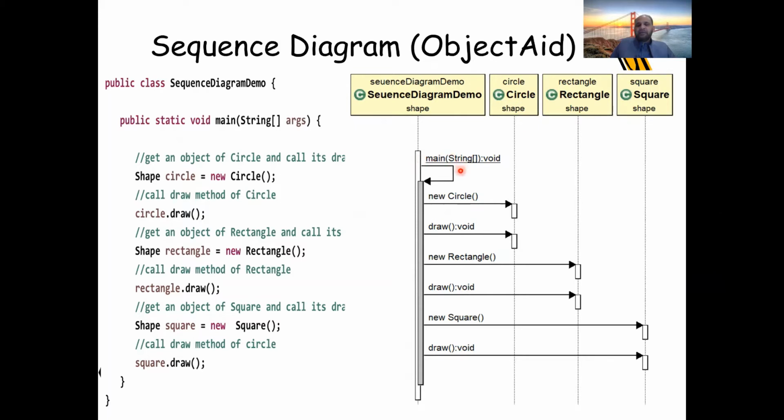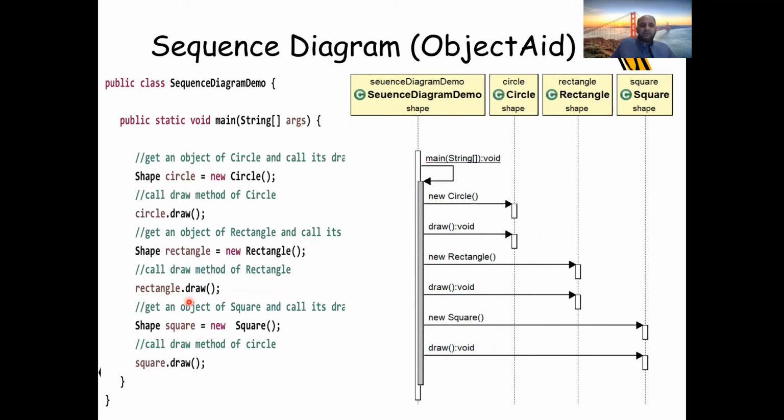Then the main method is called in the sequence diagram demo class, and as a result of executing the main method, first of all, new circle means the object of circle is being created. Then the message draw is sent to the circle object. Then a new rectangle object is being created, and then the draw message is being sent to rectangle. Similarly, a new square object is being created, and then the draw message is being sent to the square.